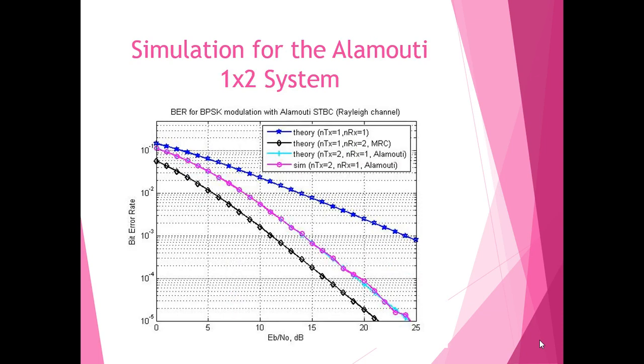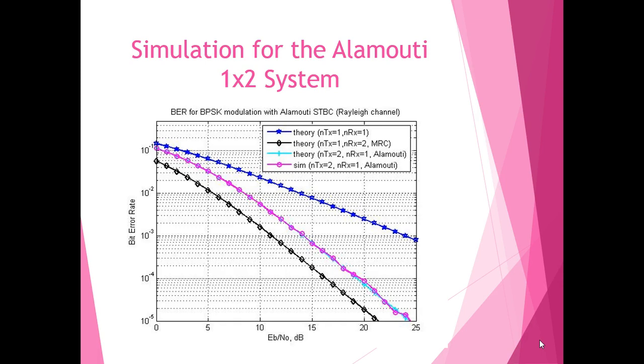Now on simulating the Alamouti 1x2 system and comparing with the MRC scheme with one transmitting antenna and two receiving antennas, we found that the bit error performance of the Alamouti scheme, although better than our classical one transmit and two receive antenna, was actually roughly 3 dB poorer than the MRC one transmit and two receive antenna.